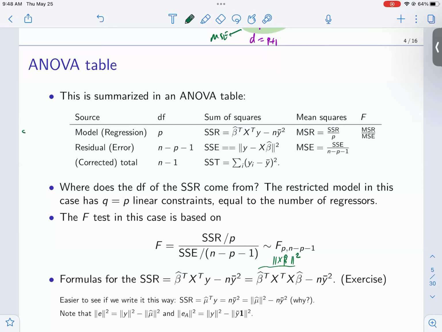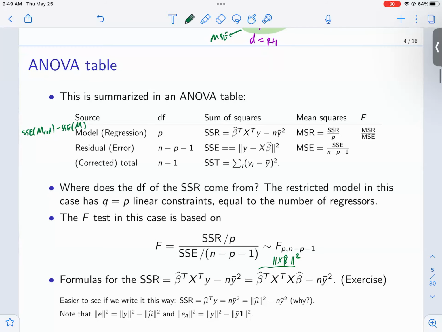So this is like SSE of M reduced minus SSE of M full. And so they add up.